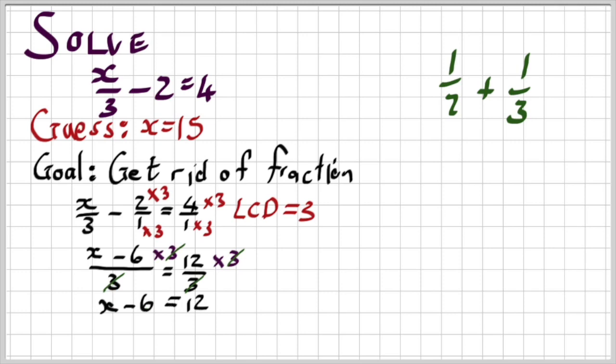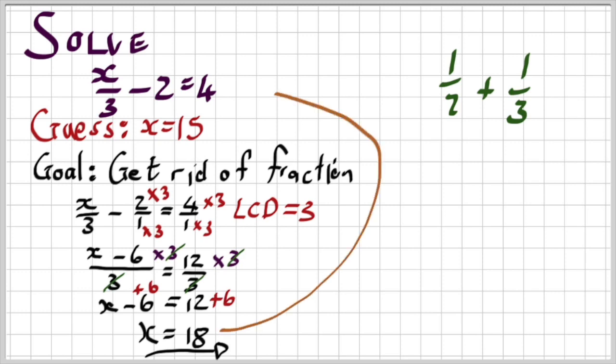And this leaves me with a normal, straightforward linear equation where I'm going to add 6 on both sides, so x is 18. Was it close to my answer? Well, not so close, but I'm not too concerned about that. That x is equal to 18.